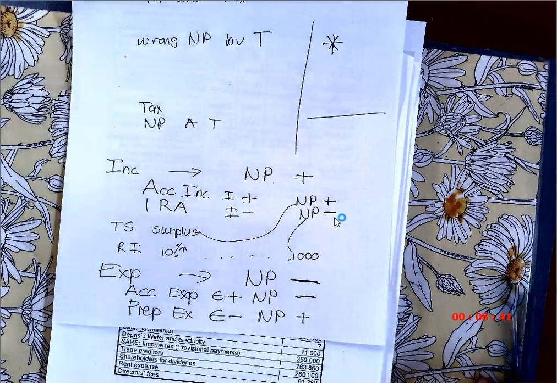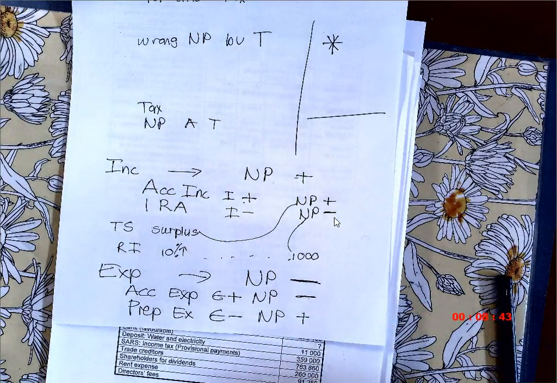So, you guys can just have this little thing in your head that when it's an income that's at play, the net profit signs work with the income signs. If the income becomes more, the profit becomes more. Income becomes less, profit becomes less. Okay? But the expenses works the opposite way.